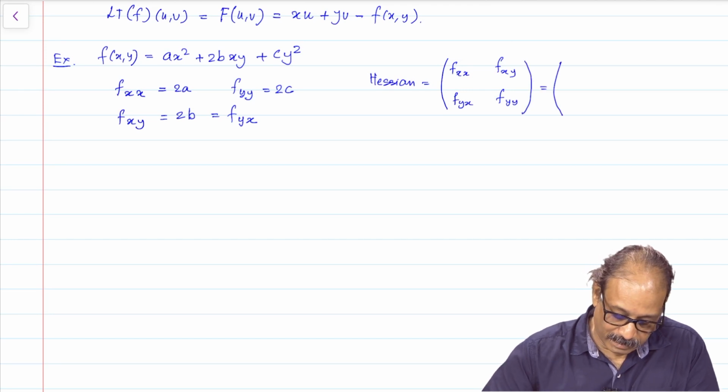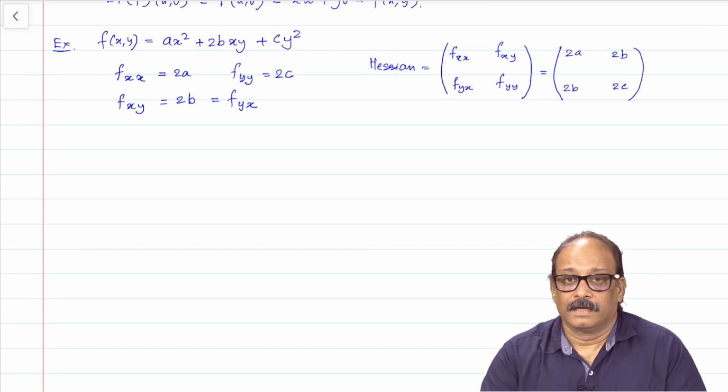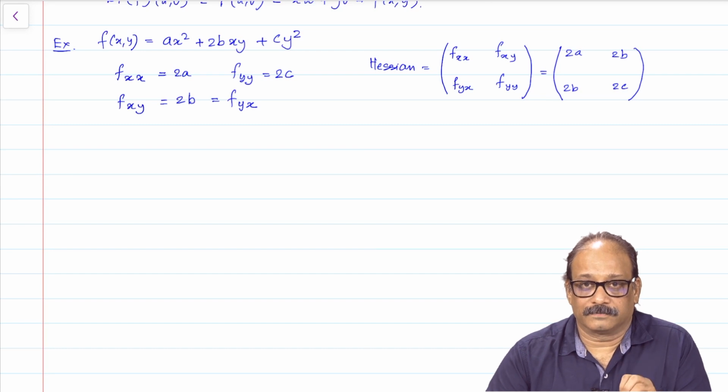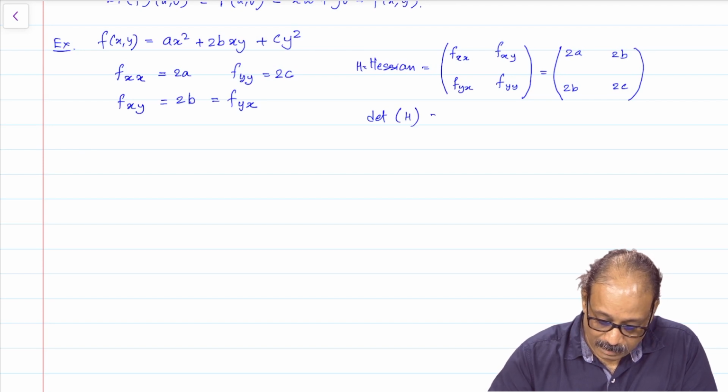This will be equal to 2a, 2b, 2b and 2c, and the determinant of this Hessian, so let us call this H, will be equal to 4 times (ac minus b square).